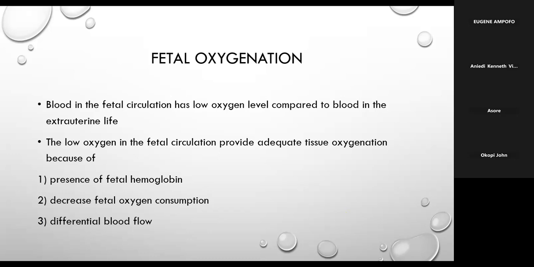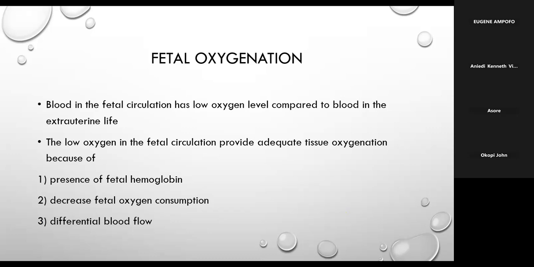So the fetus can also cope with this low oxygenation because most of the organs are not fully functional yet, like those responsible for maintaining thermal regulation. Thermal regulation of the fetus is being regulated by the mother, and their gastrointestinal tract is still non-functional because they directly absorb nutrients.